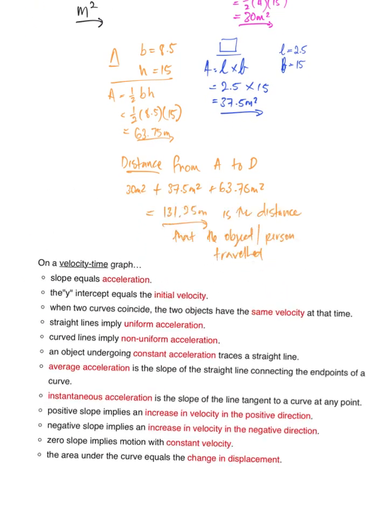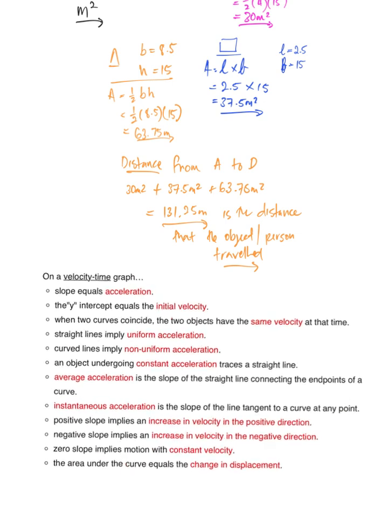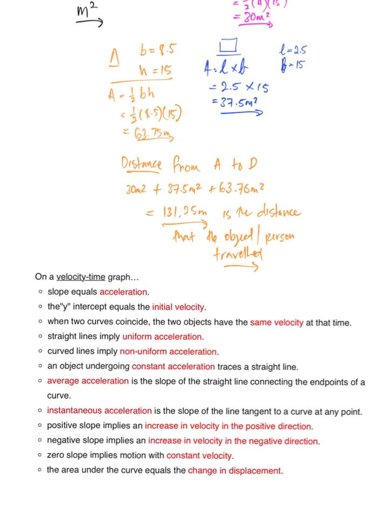On a velocity time graph, we know that the slope equals acceleration, and that's the gradient. Don't forget, when we talk about gradient, we talk about gradient of a normal graph.